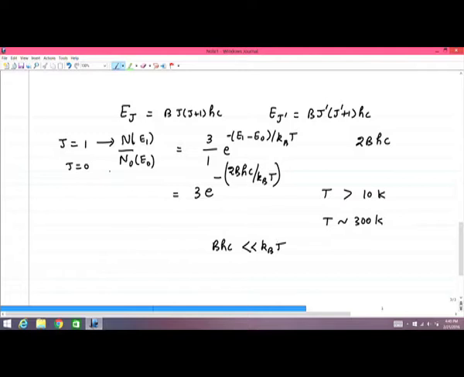Therefore, you see that the ratio of the number of molecules in the higher energy state to the number in the lower energy state, in this particular case, is greater than 1. For nE1 divided by nE0, the exponential factor is almost equal to 1, very close to 1, therefore the ratio is greater than 1.